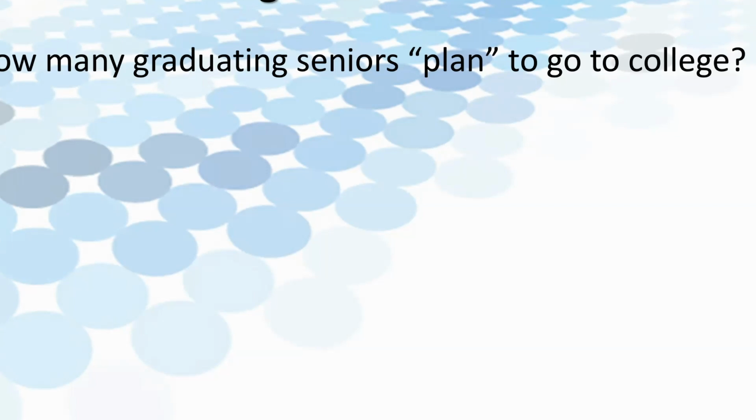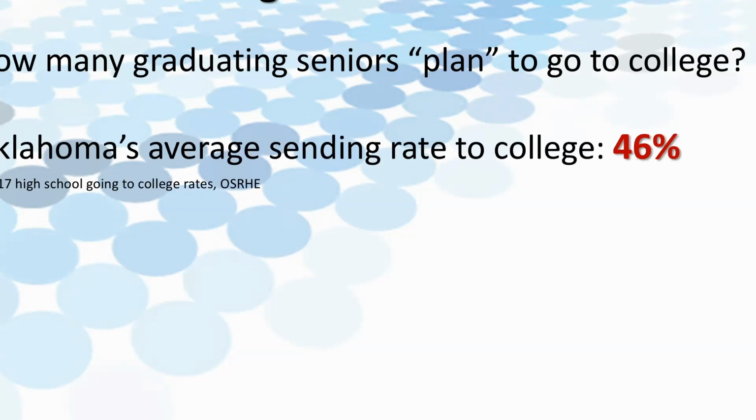And some of you have pushed up there in that 80-90% range in terms of what they say they're going to do. However, we know that the truth is, the average for Oklahoma is 46% actually make it in August. So August following their graduation, only 46% actually show up and darken the door.